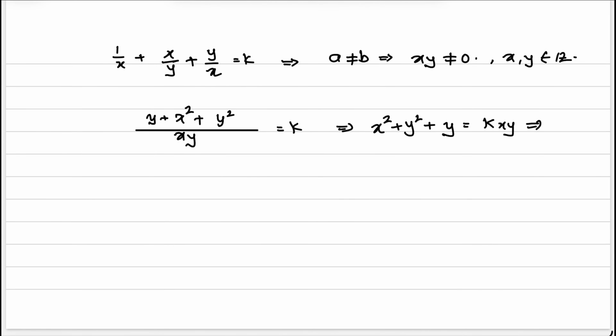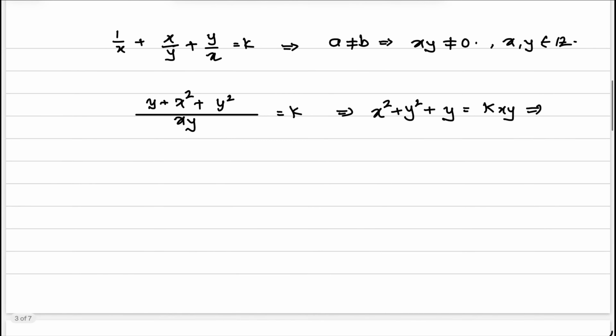Do you agree? Now can we write it like this? x square minus kxy plus y square plus y is equal to 0. A quadratic equation in terms of x.